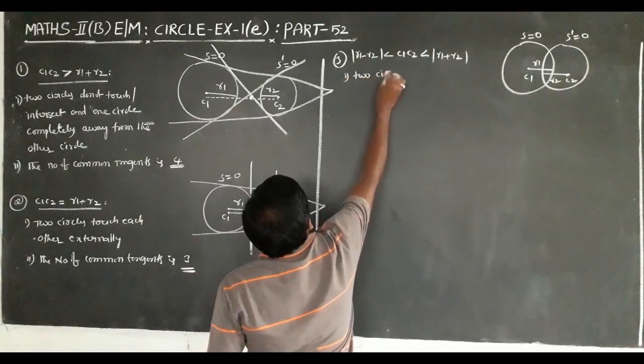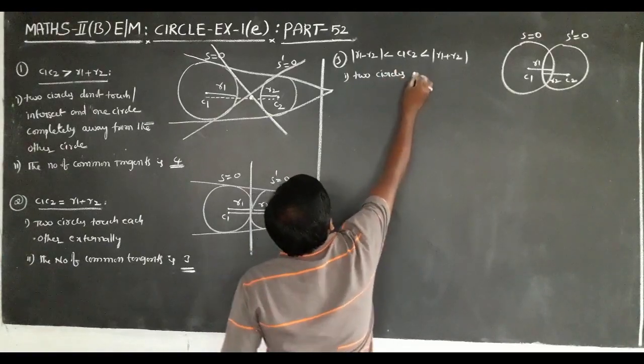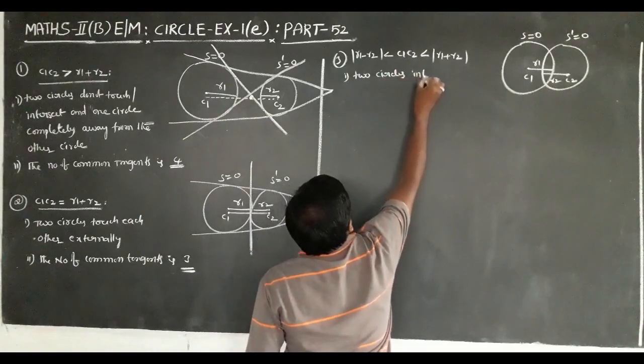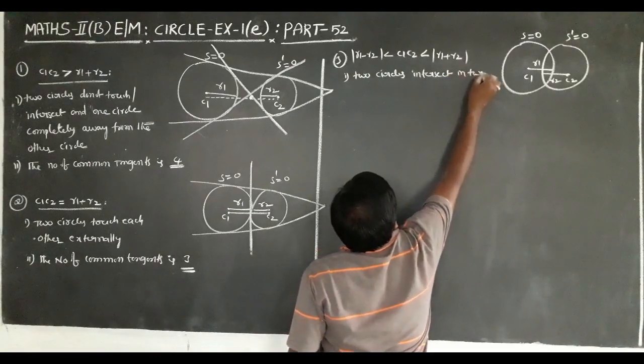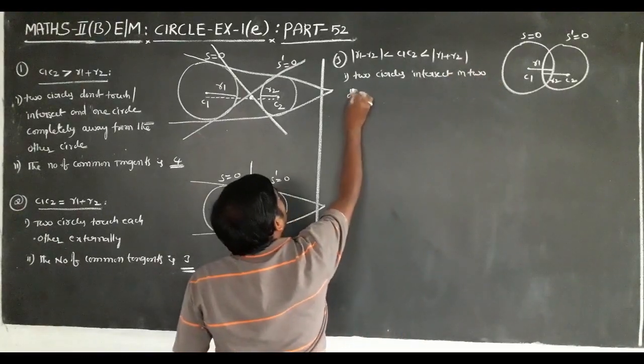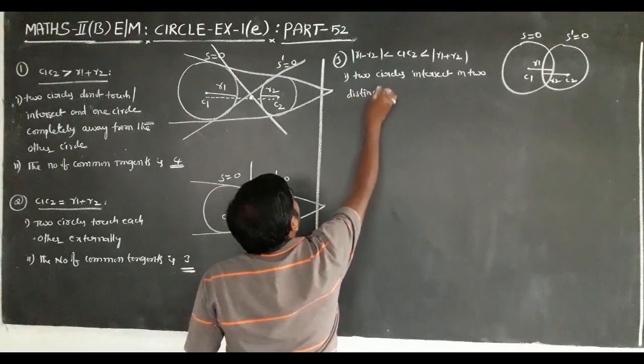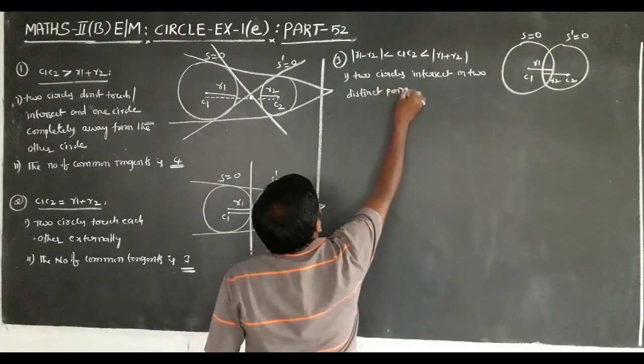Two circles intersect in two distinct points.